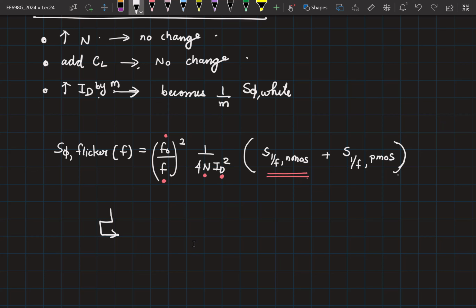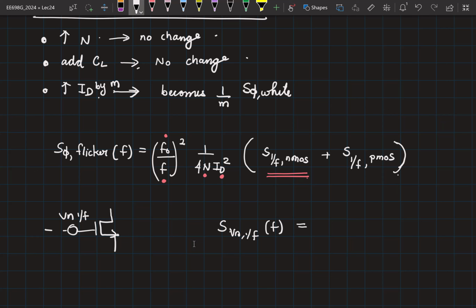So if I take an NMOS, let's say there was some Vn here. What is the expression? So this is corresponding to the 1 by F noise, flicker noise, right? What is the expression you know for this? 4K CW by L. W into L. Into W into L?